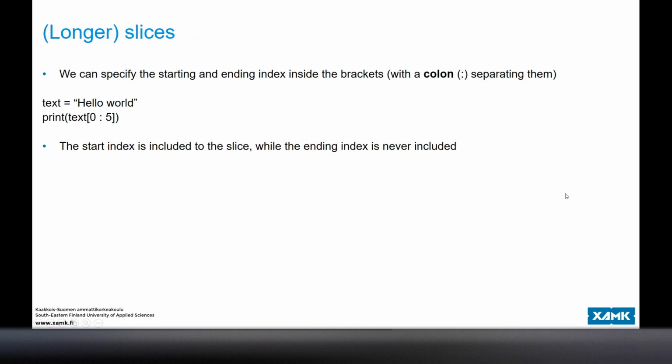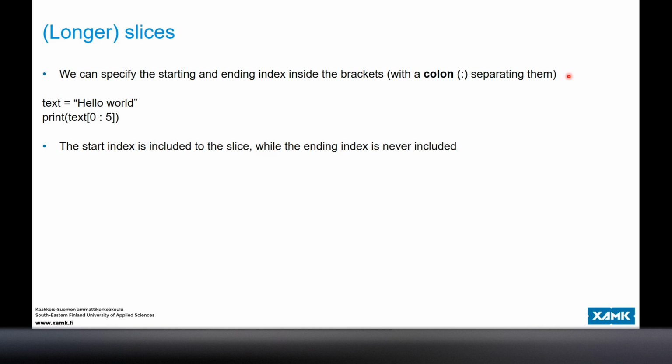Okay, so next up, in addition to individual letters, we could also take longer slices that have multiple letters from the same string of text. We could specify a starting and ending index, so we specify two numbers instead of one.